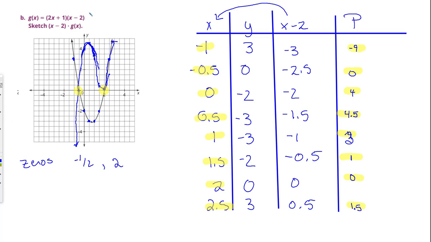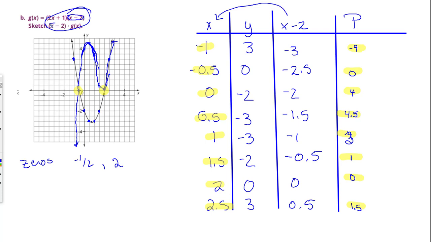How does that connect back up here to my factors? It's where it crosses the x-axis, right?